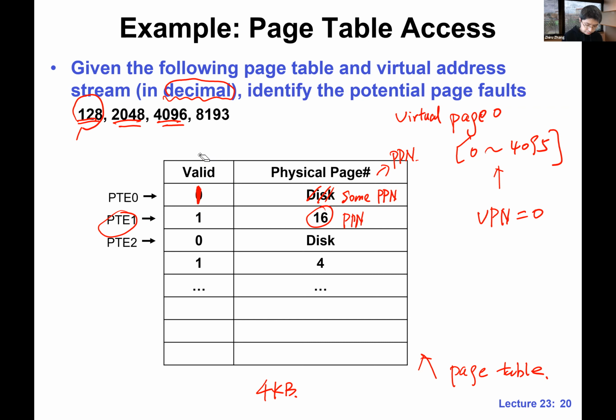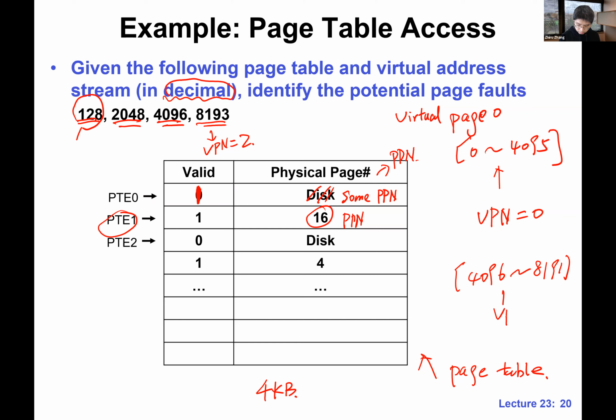Last one. VPN 2. Very good. The second page, starting from this, is it 2? The second page is from here to this range.